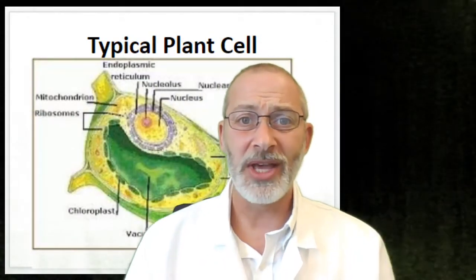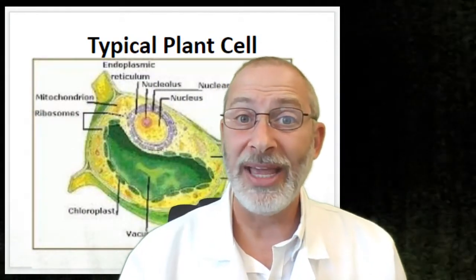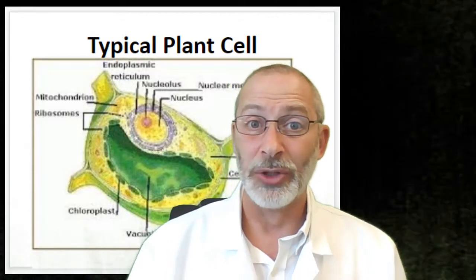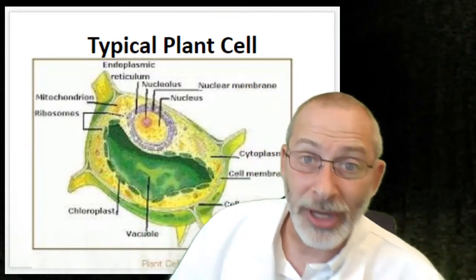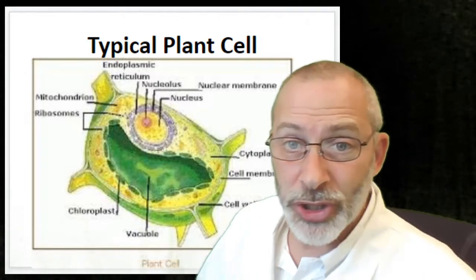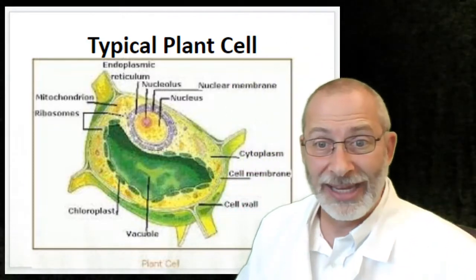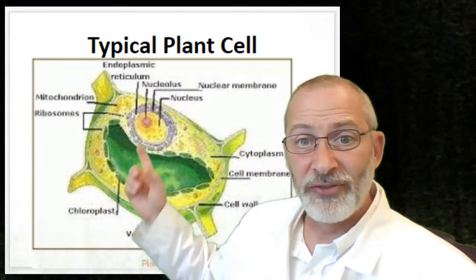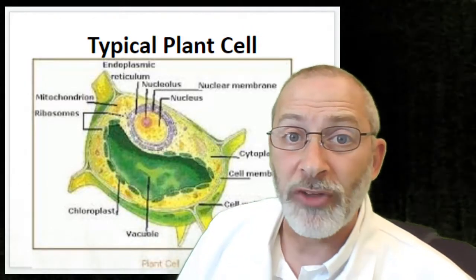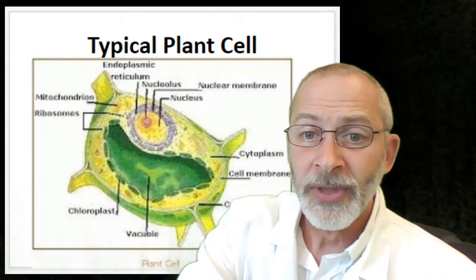when we were discussing typical plant and animal cells. You may recall these diagrams. Great pictures here of a typical plant cell, and you can see the various organelles which we've been discussing this week.